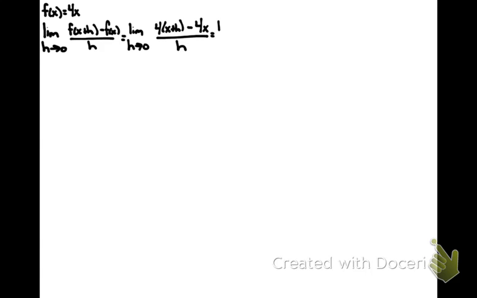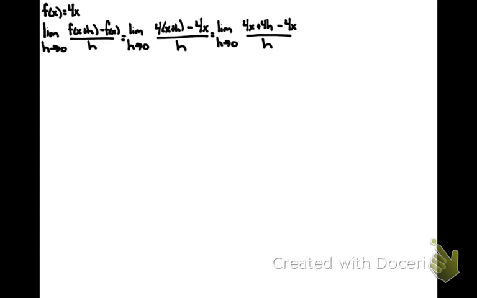And when I simplify this, I'll have the limit as h goes to 0. This will be 4x plus 4h minus 4x all over h.